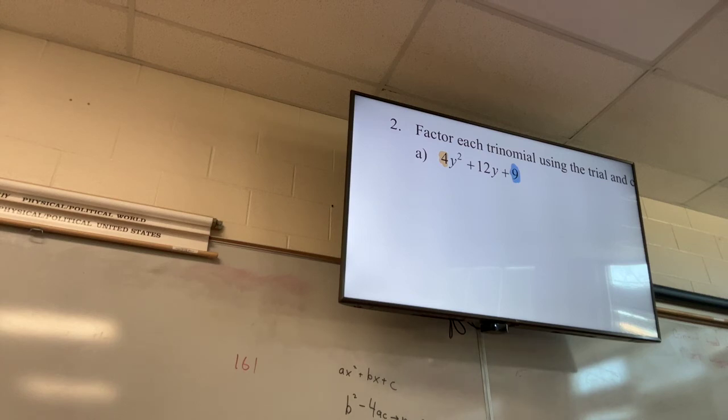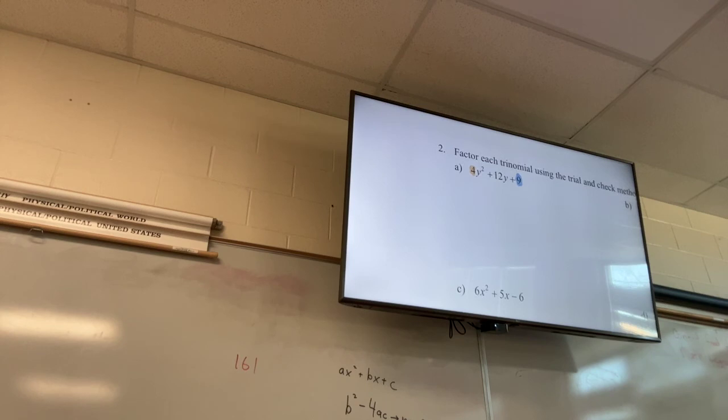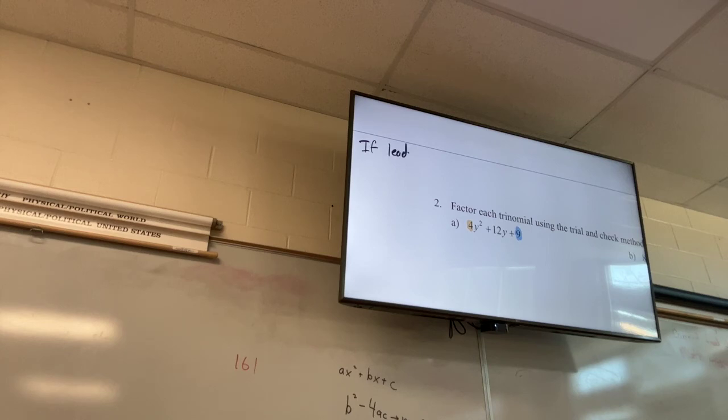All right, if the lead coefficient, you guys know what I mean by lead coefficient? The number next to the square term. If that's not equal to 1, you need to do this.